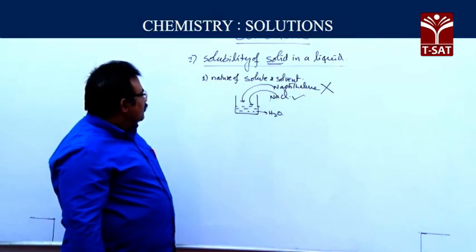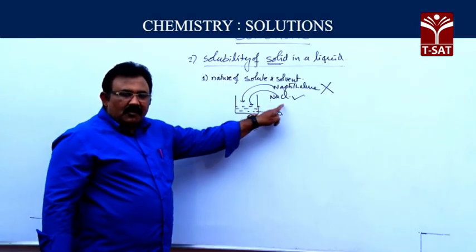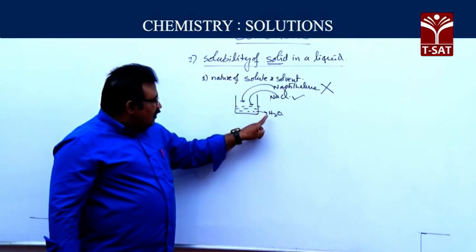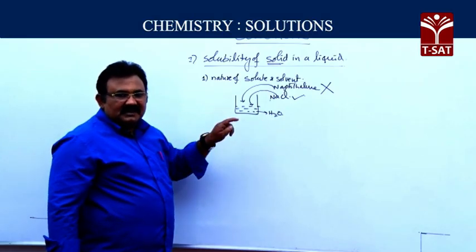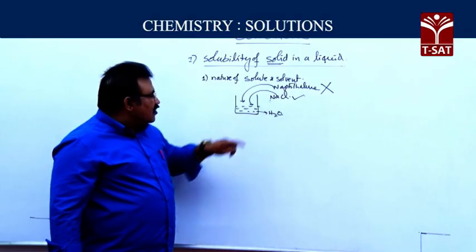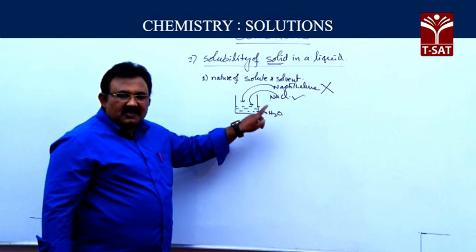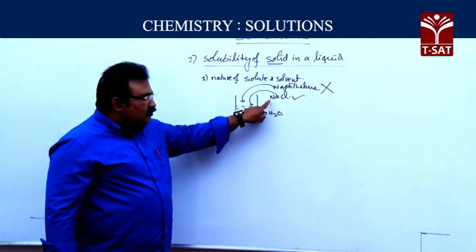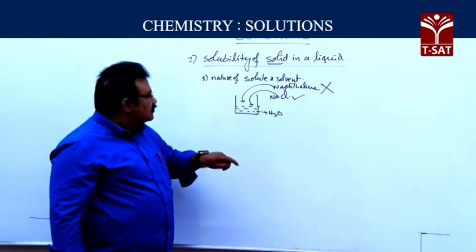Why? Because sodium chloride is an ionic compound, whereas water is a polar solvent. So, ionic compounds are soluble in polar solvents. Polar compounds are soluble in polar solvents.